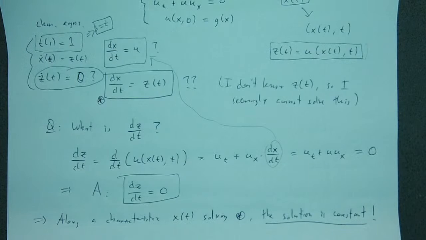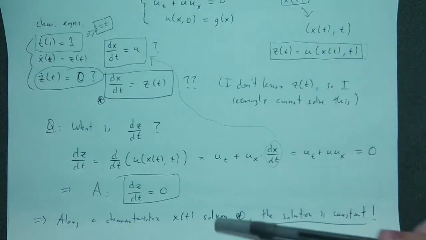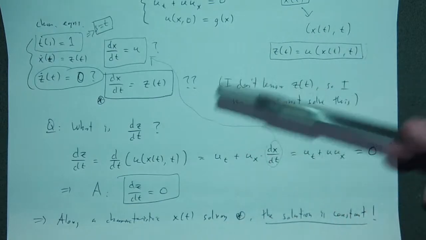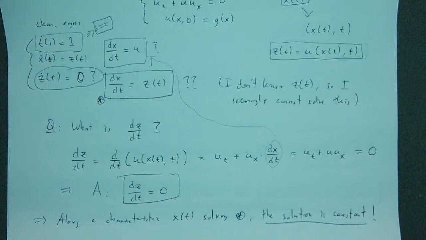So that's a huge thing that we've shown. Along a characteristic that solves this differential equation we set up here, the solution has to be constant. That's what it means, that dz dt is equal to 0. Okay. But what does that mean?